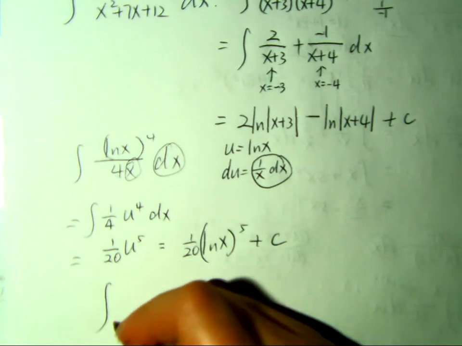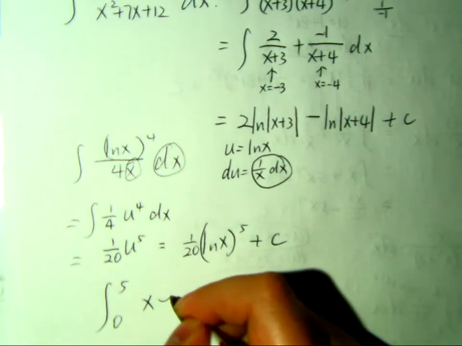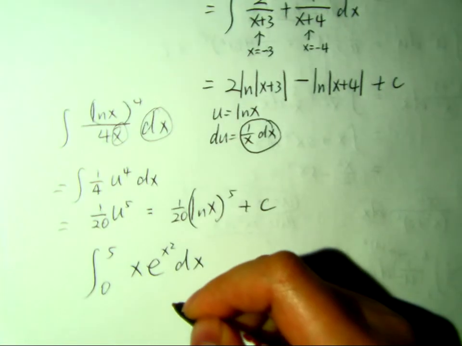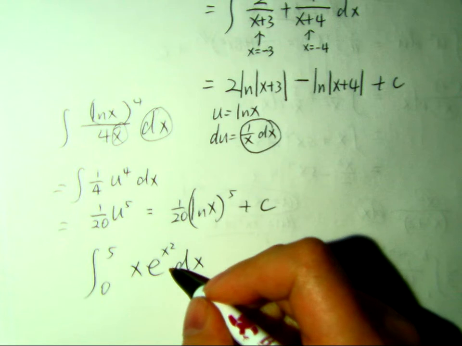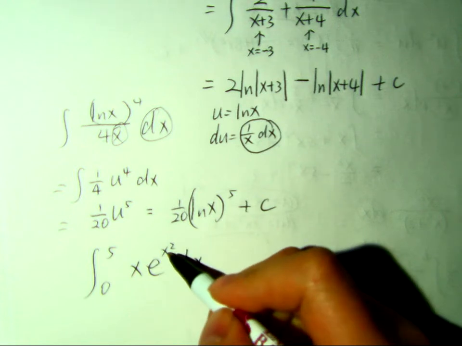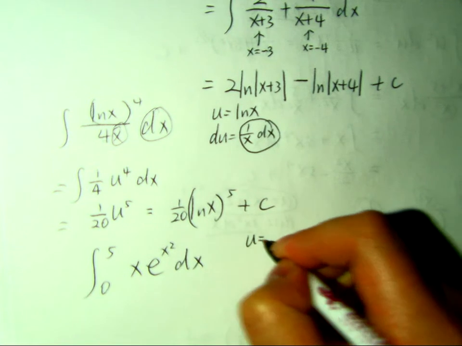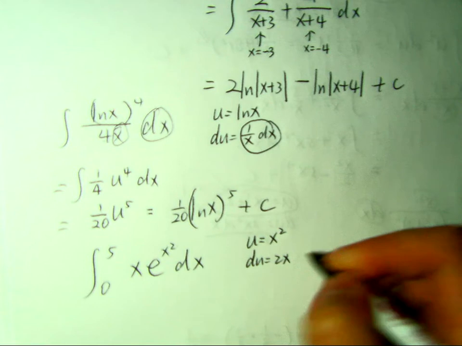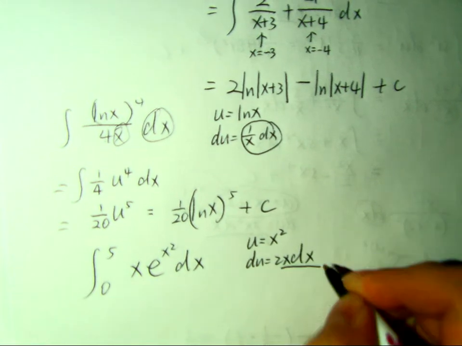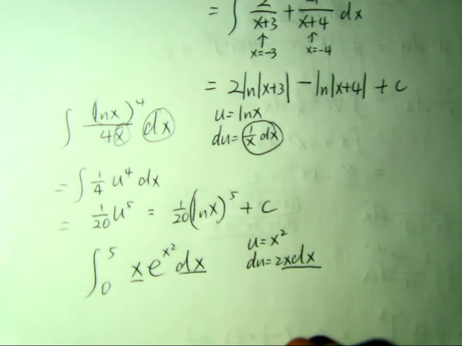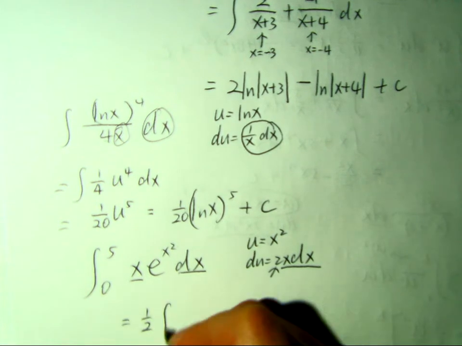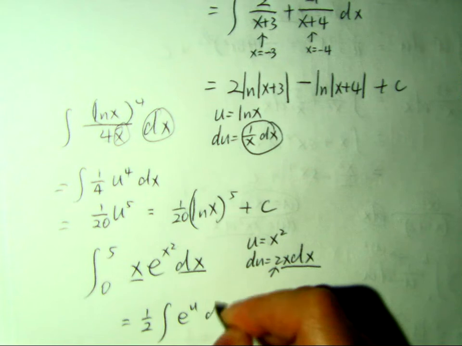Okay, next one. 0 to 5, x e power x squared dx. We're not doing tabulars for this one because we have e power x squared, not just e power x. So we do u substitution. u is x squared, so du is 2x dx. And this x dx we cancel here. And then we still have a 2 left, so we should have a 1/2 in front and e power u du.